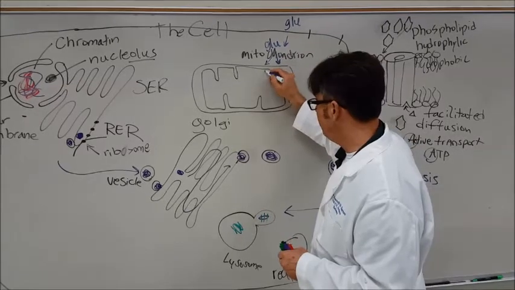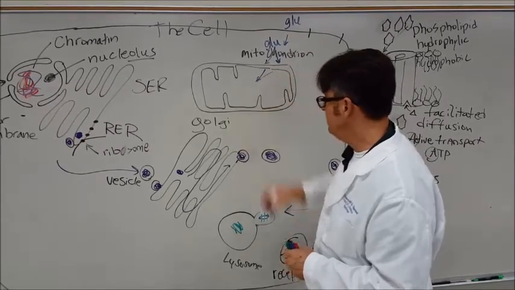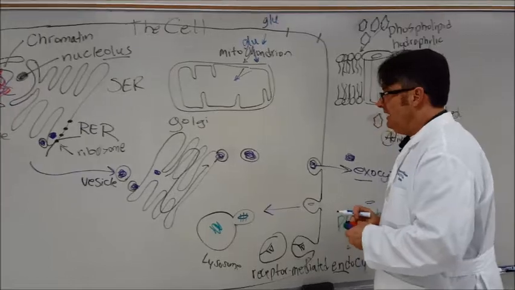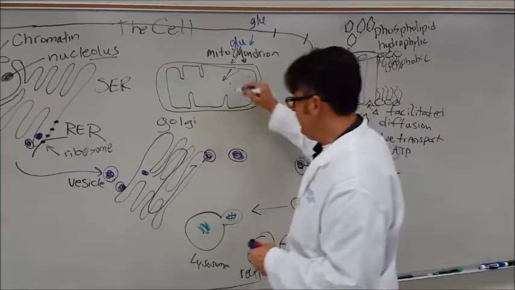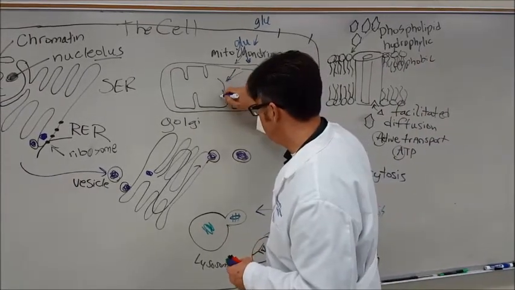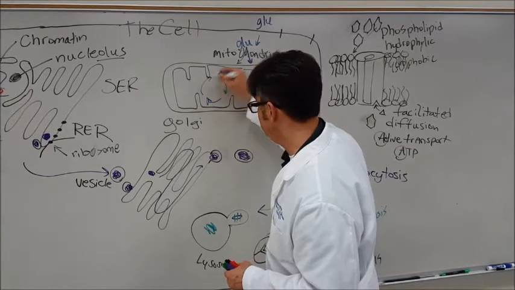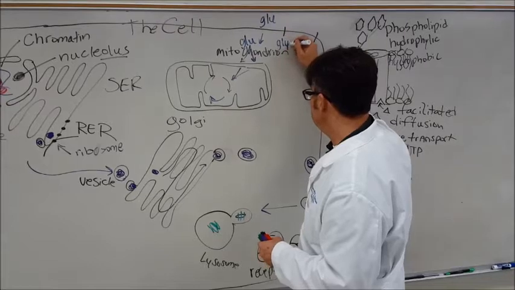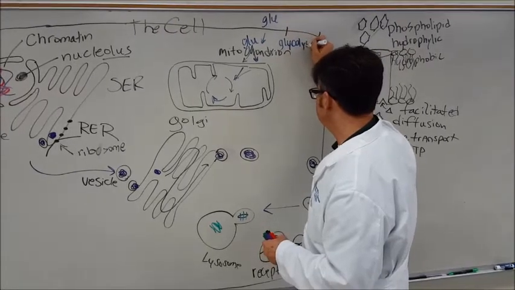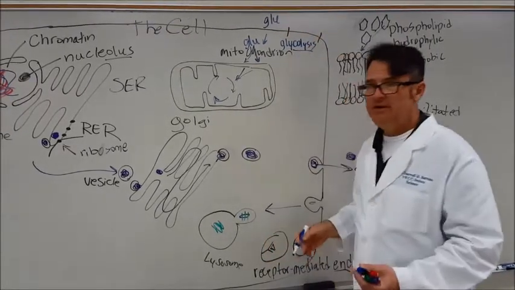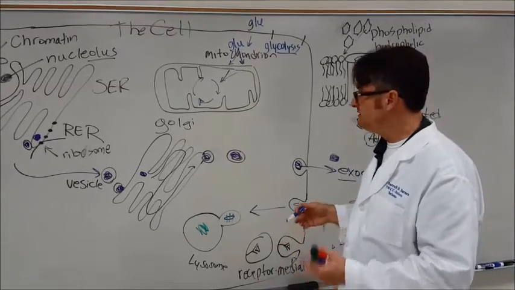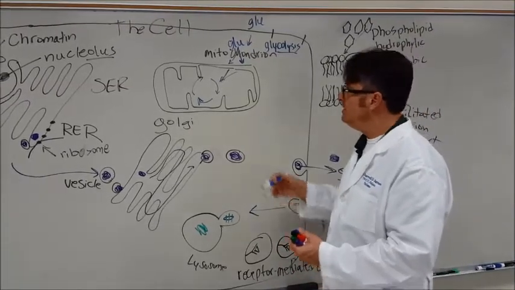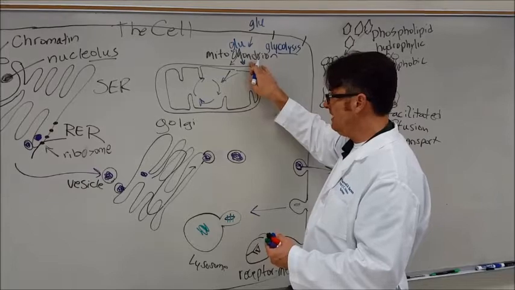And then these pyruvates are brought into the mitochondrion in the form of acetyl coenzyme A, and then they're taken to a cycle called the Krebs cycle. So the first step, which is kind of jumbled here, is called glycolysis. And I'll have another video that breaks this down and explains it in greater detail. But the glucoses are broken into pyruvates.